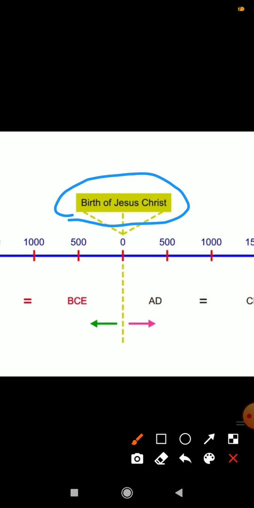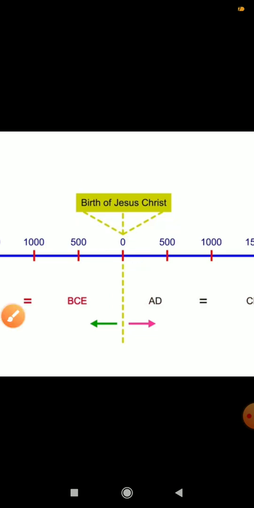So, this particular point is where the calendar actually starts. The events which took place before the birth of Jesus Christ are written as BC, and the events which took place after the birth of Jesus Christ are written as AD or CE.